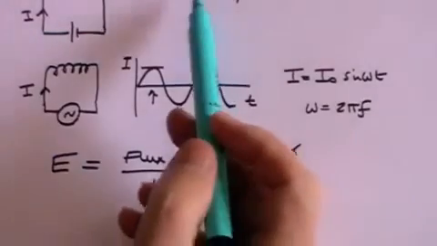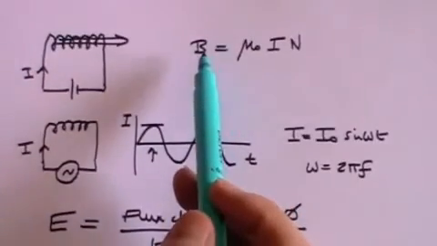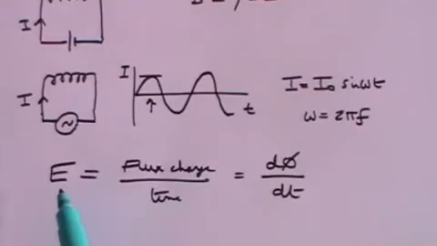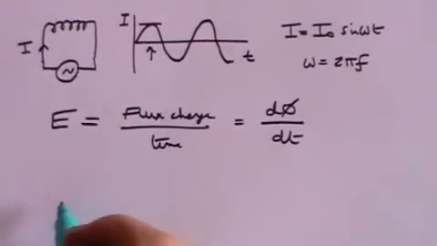Now if you've got a constant magnetic flux, then there isn't a flux change, so there will be no induced EMF.